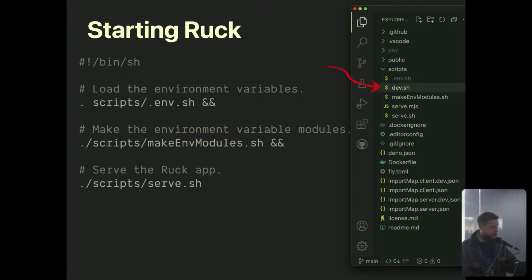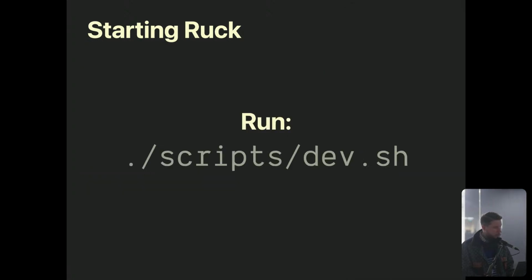I was just staying true to what was in that example repo that we're looking at, but if you've got secrets and stuff that are in the server env, you don't want that to be in the client. So I've come up with a way to do that. It's not Ruck specific, but it works with Ruck. And that way, when you're in dev, you just run that in your terminal to get started and do a day's work.